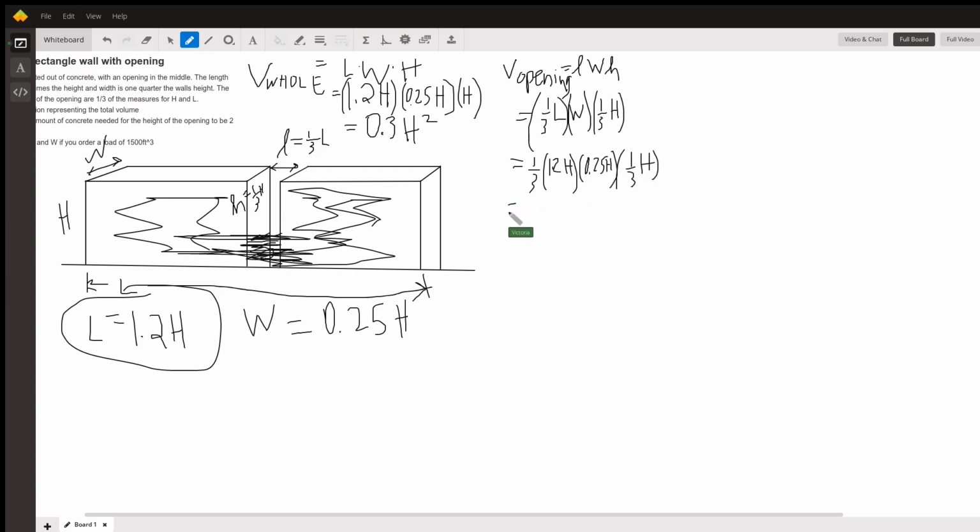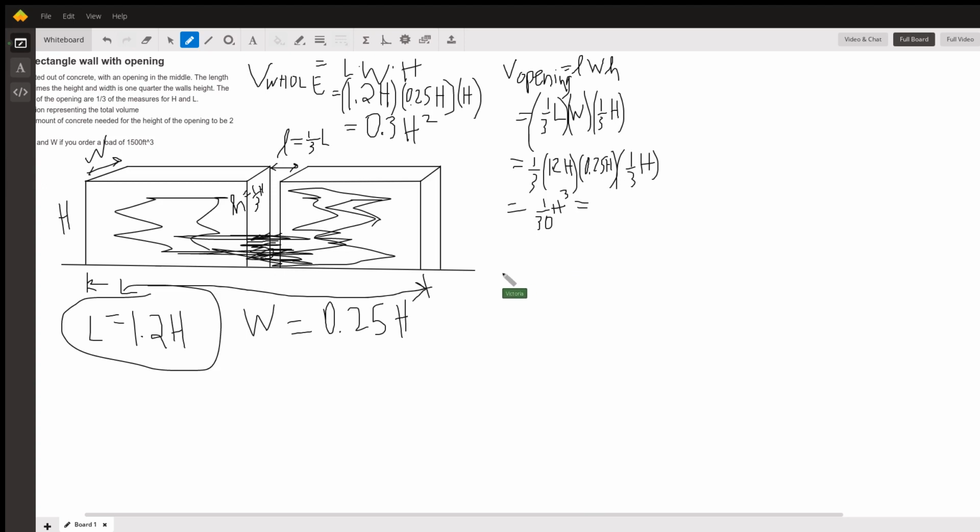But let's figure out this constant. We have 1/3 times 1.2 times 0.25 times 1/3. So this ends up being 1/30 H cubed.